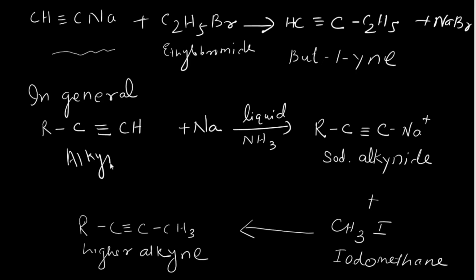In alkyne, when treated with sodium, it gives sodium alkynide, which is very, very important for further reaction. When you treat with CH3I, then what happens? The sodium is replaced, and this is called higher alkyne. I hope it is clear. Generally, how can you replace sodium by a methyl group?